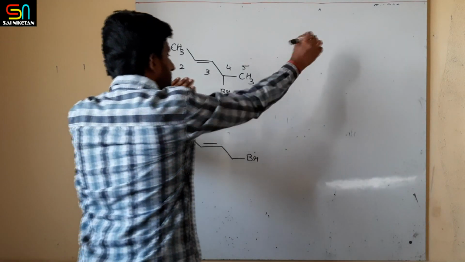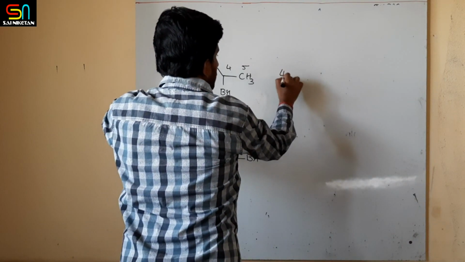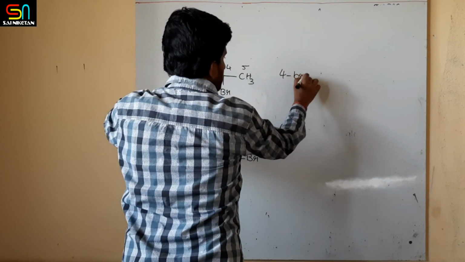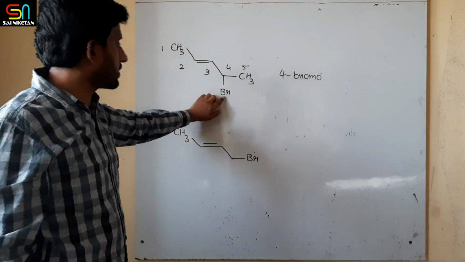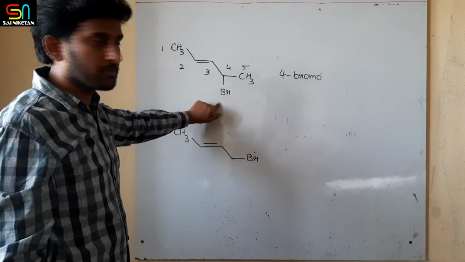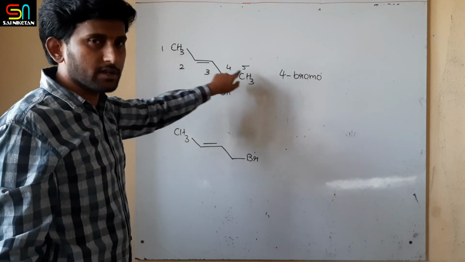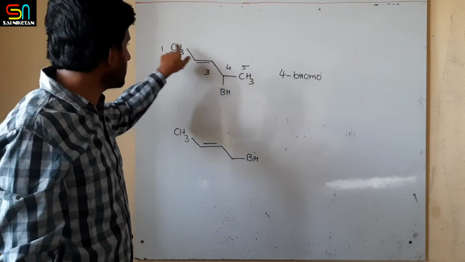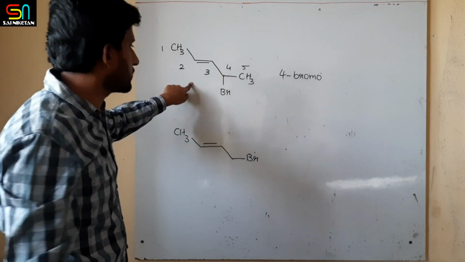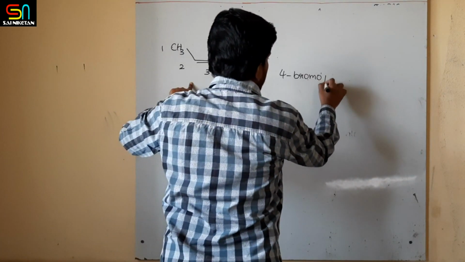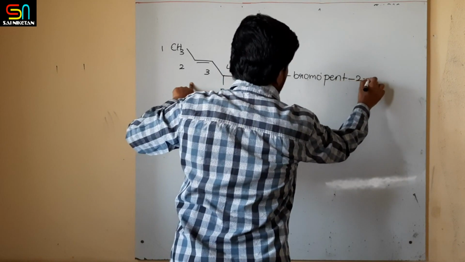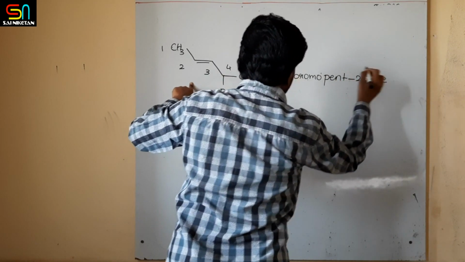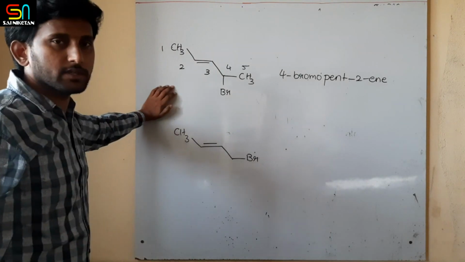The IUPAC name is 4-bromo, because bromine is at position 4, and it is a 5-membered chain, so 4-bromopent-2-ene is the IUPAC name of this compound.